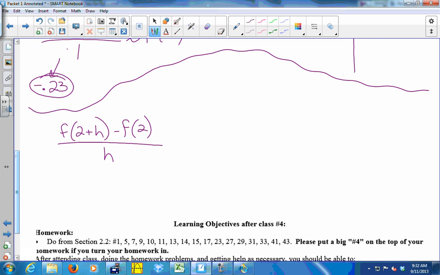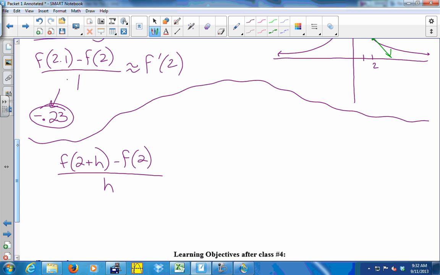When we did our numerical approximation, we just used h equals 0.1 in this particular case. But then what I have to do is take the limit as h approaches 0 of this whole thing. That is exactly f prime of 2 when I take the limit.